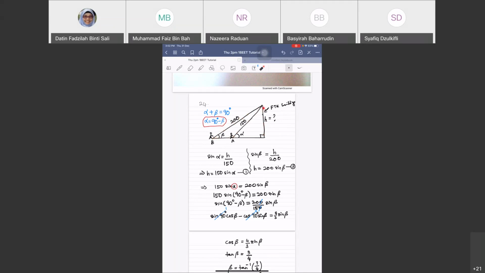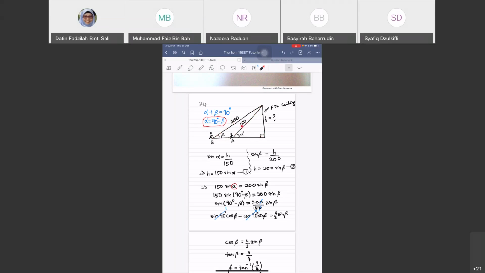Oh, I thought the 150 is the opposite. This is the hypotenuse for this right angle triangle here. 150 is the hypotenuse for this right angle triangle. But if you are looking at this triangle, it is an oblique triangle.